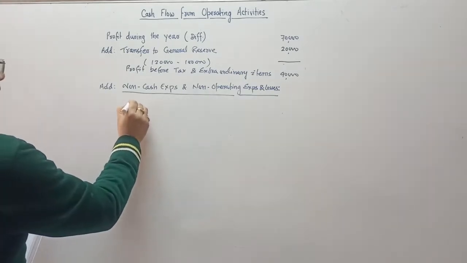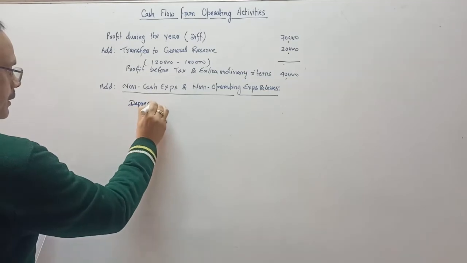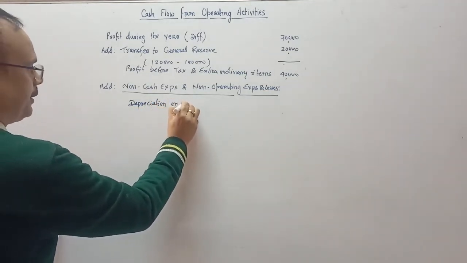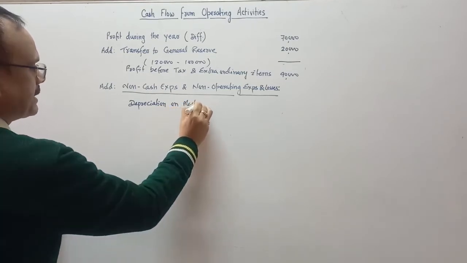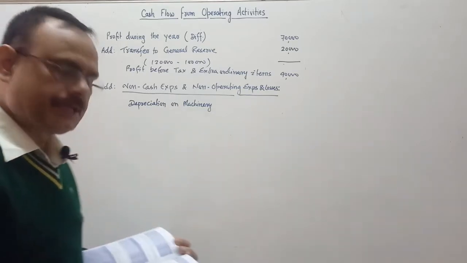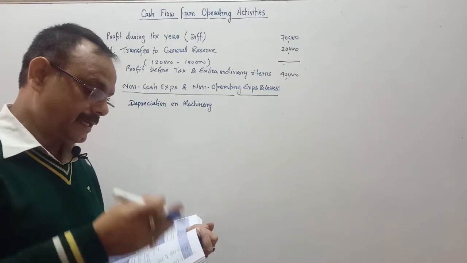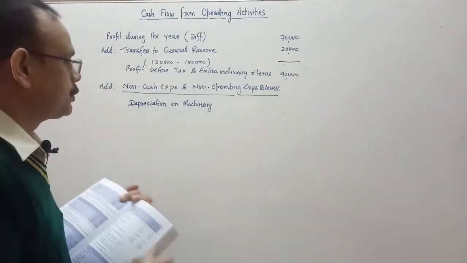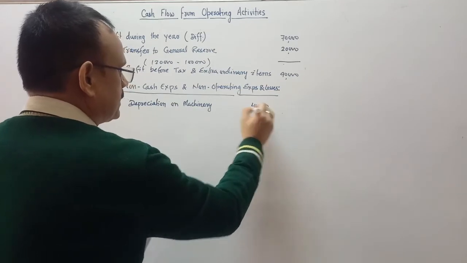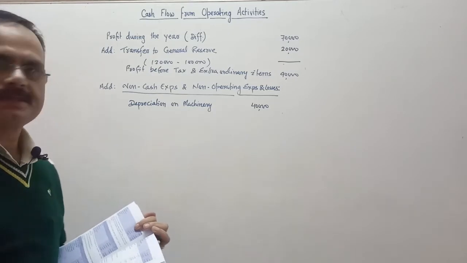Depreciation on machinery is a non-cash expense. 40,000 is the depreciation on machinery. This is a non-cash expense.